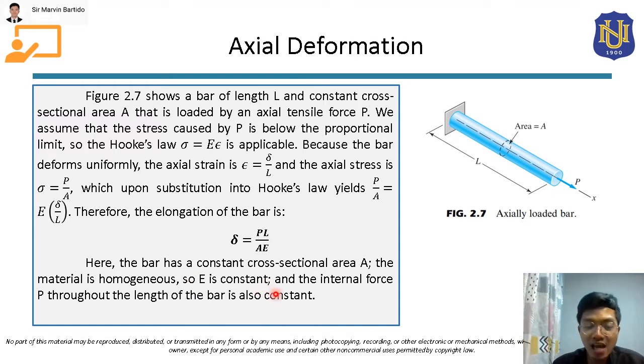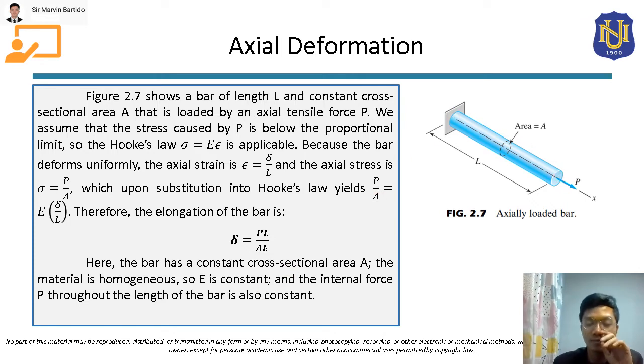So again, class, we can only use this formula if the cross-sectional area is constant, if the material is homogeneous, and if the internal force P is constant all throughout the length of this bar.